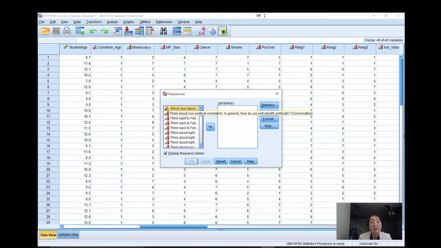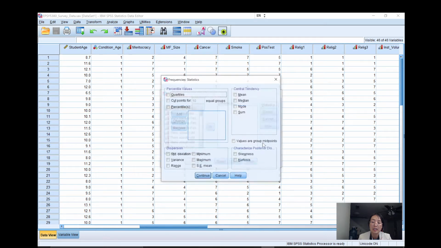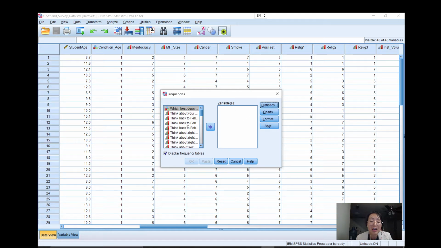Now I want to check the central tendency of some of these variables, which is in the Statistics you see here: mean, median, mode. But before we check them, we need to know what kind of variable is good for looking for a median, or for mode, or for mean.